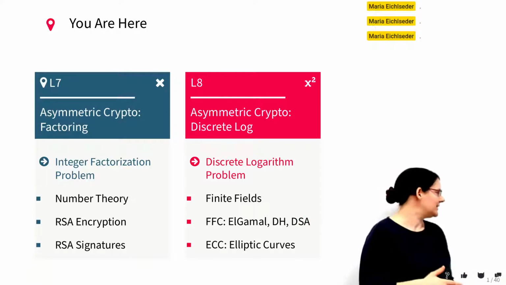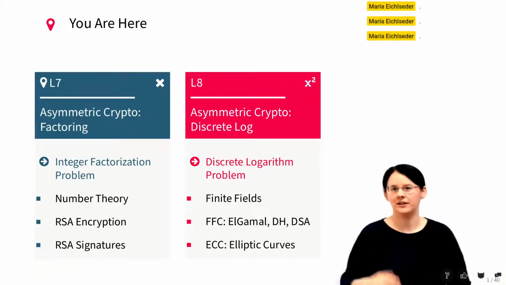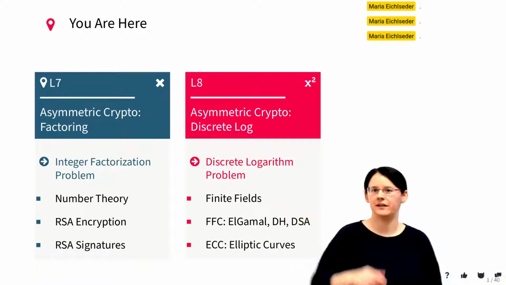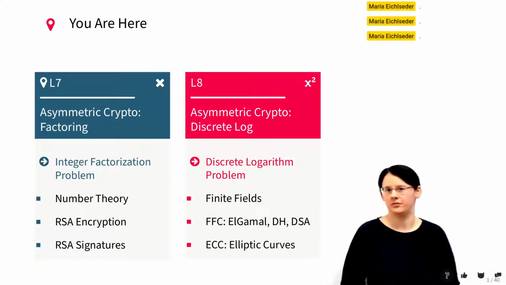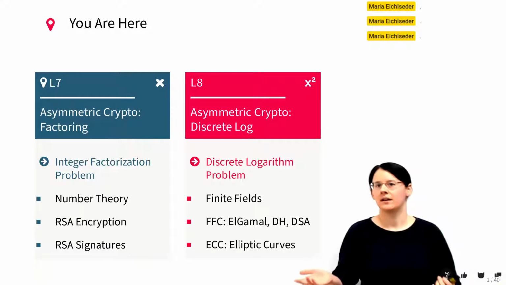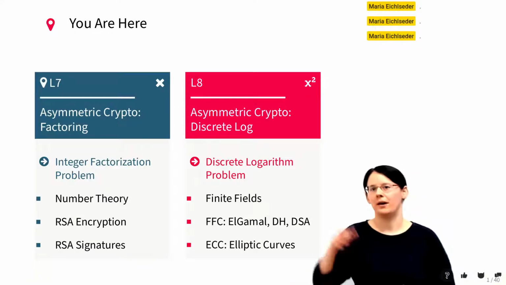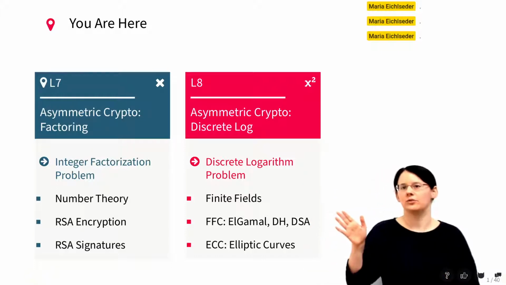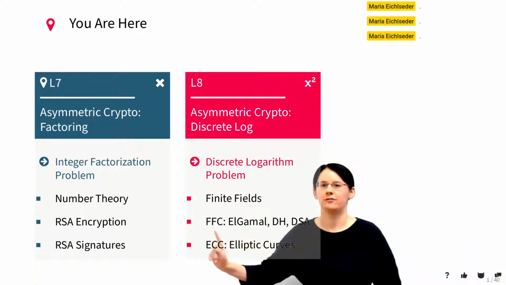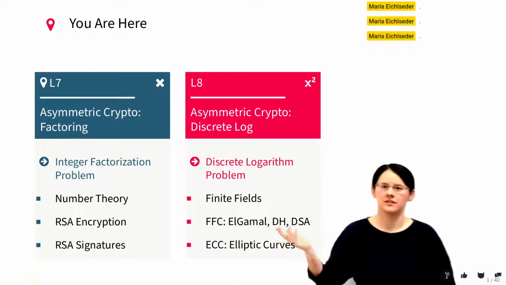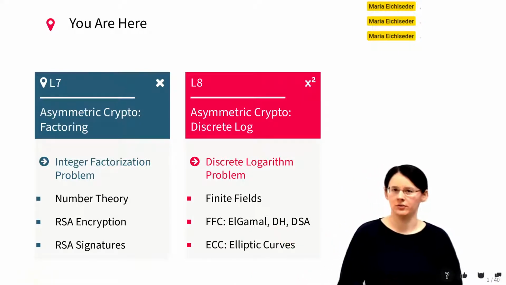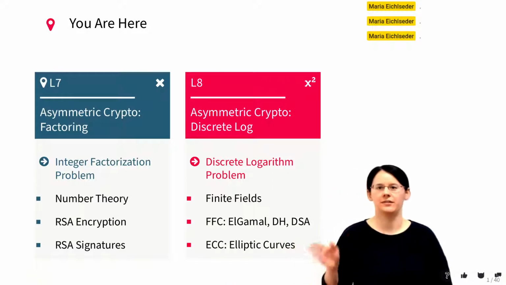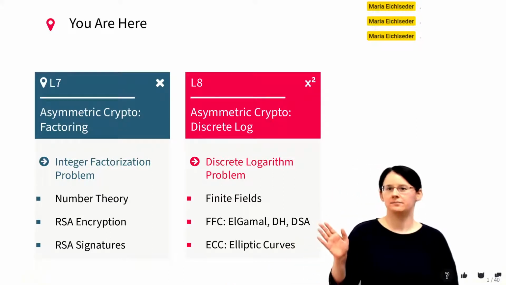To take full advantage of it, we will need some more math background, particularly finite fields, but also elliptic curves, because the schemes based on the discrete logarithm problem come in two main flavors: those based on finite field cryptography, such as the Diffie-Hellman you might already know, and the variants based on elliptic curve cryptography, which have very similar algorithms.